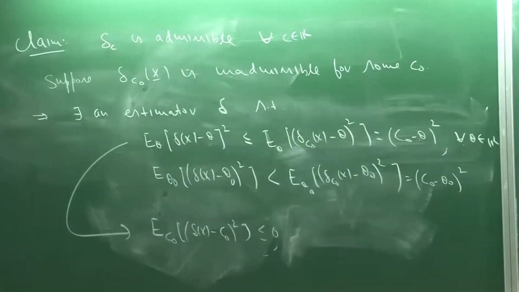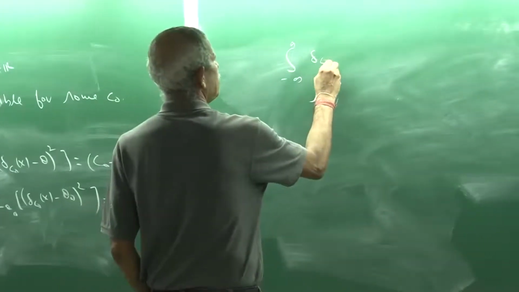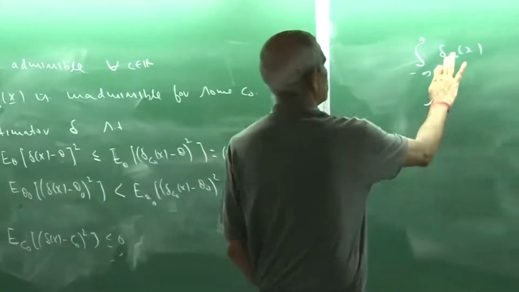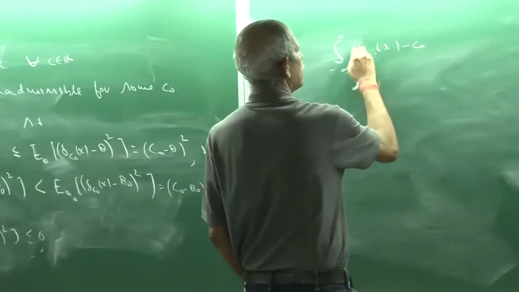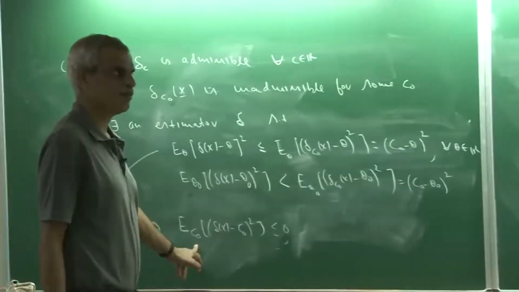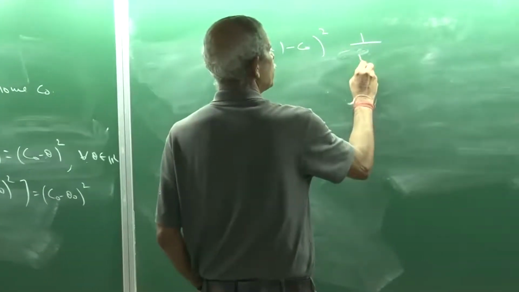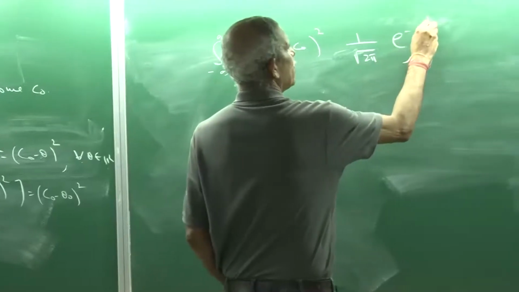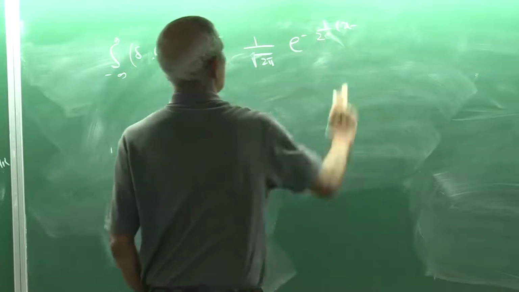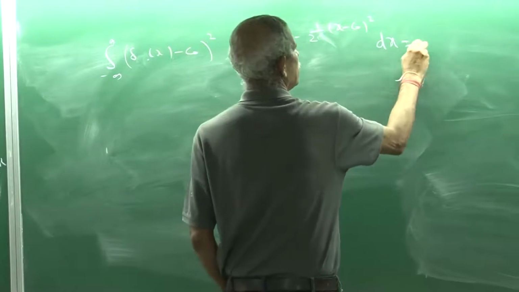I write this in terms of an integral. It is the integral from minus infinity to infinity of (delta(x) minus c0) whole square, because I'm talking about the density at the point c0, times 1 by sigma root 2 pi e to the power minus (x minus c0) whole square by 2 sigma square, where sigma is 1, dx, equals 0.